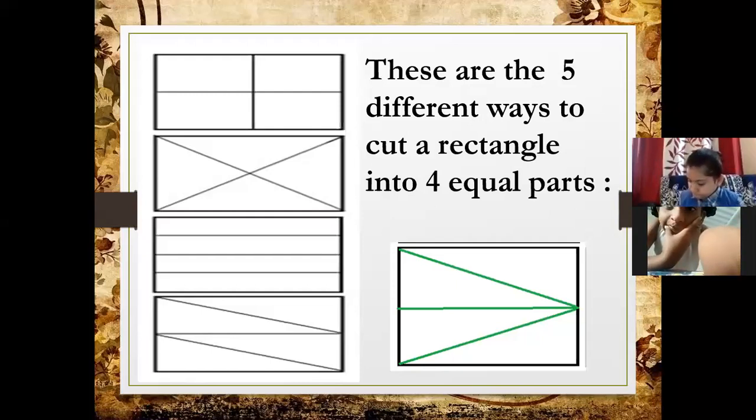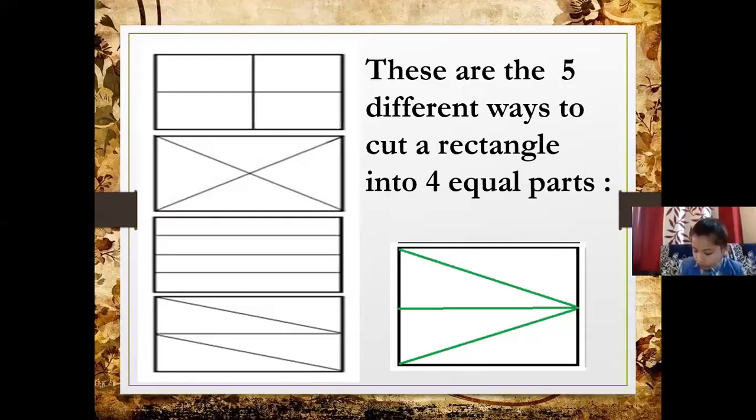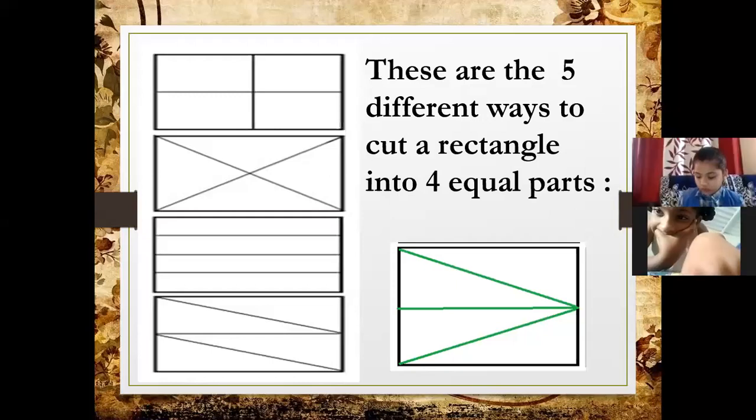Whatever the line is there, make 3 lines in between. So you will get 4 equal parts. Like this, different styles are there. In examination, you will be asked to do any 1 or 2 methods. I'm giving here 5 different methods to you.